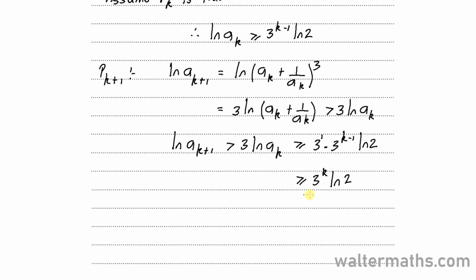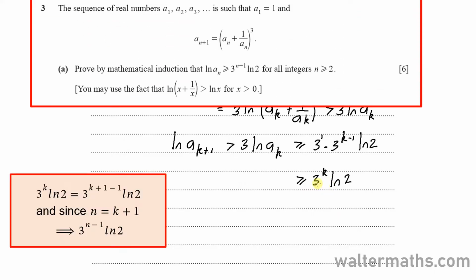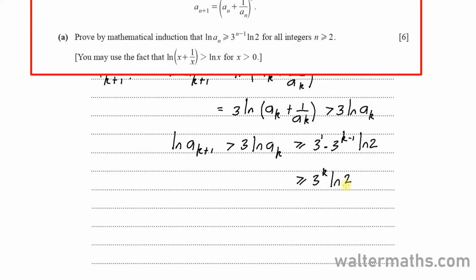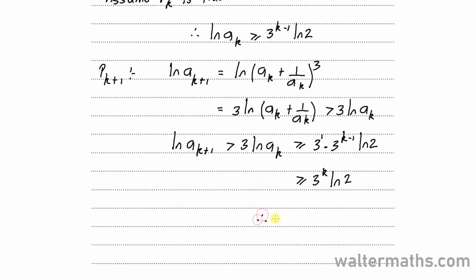And I think you can now see here that technically 3 to the power of k ln 2 is the same as 3 to the power of k plus 1 minus 1 ln 2. And if we put back the n, I'm sure you can see that it comes back to 3 to the power of n minus 1 ln 2, which is actually what we want to get. So therefore, we can say that the statement p sub k plus 1 is true.